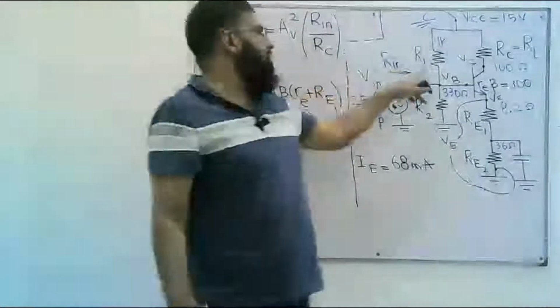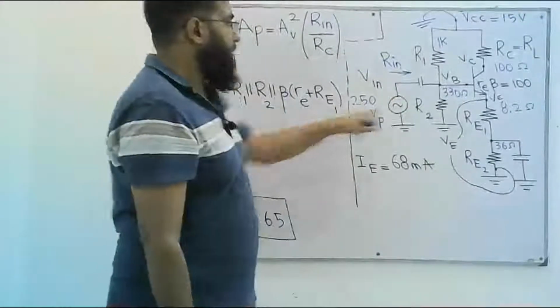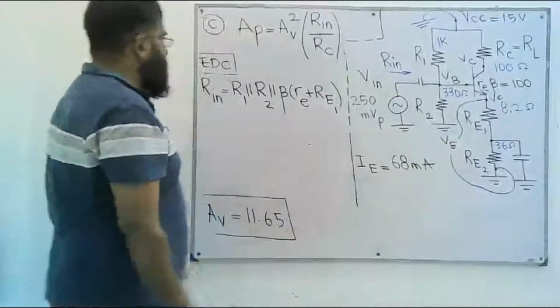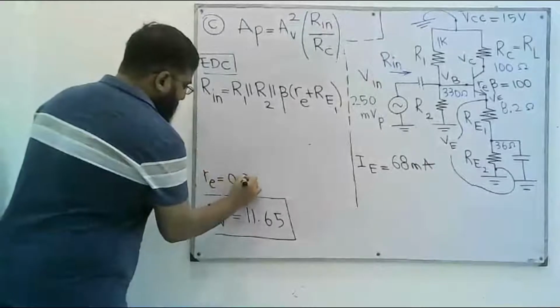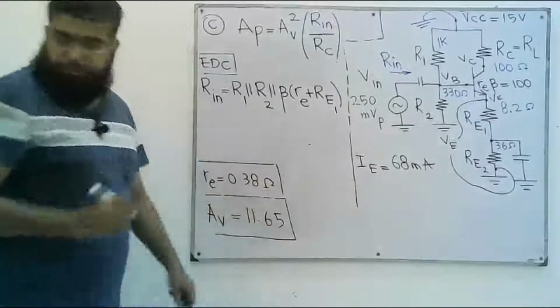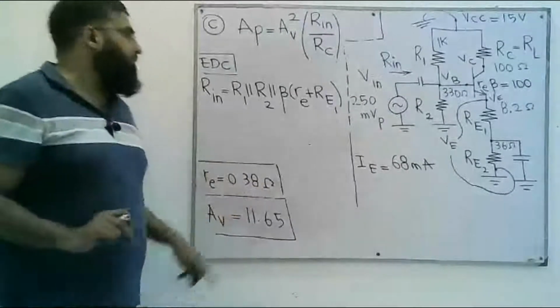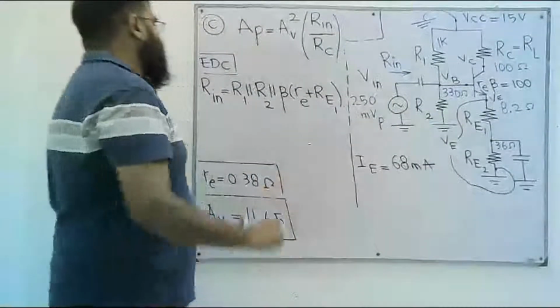Plugging all these values, R1 is equal to 1K, R2 is 330 ohms, beta is 100, small re is what we computed in the last part, 0.38 ohms, and RE1 is 8.2 ohms.